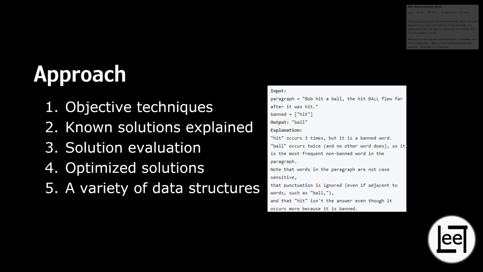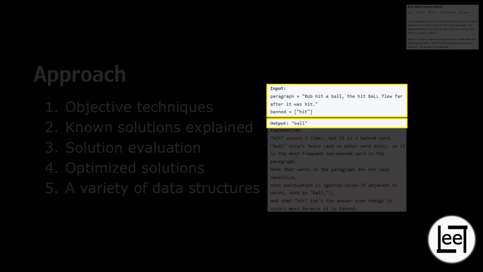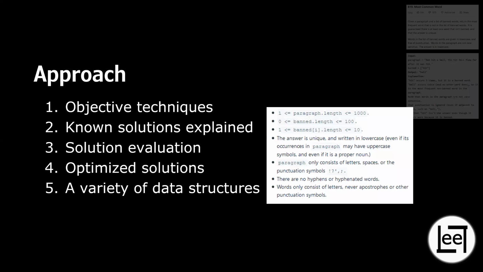See, although hit is the most common word, hit is a banned word, so we instead return the second most common word, which is ball. Next, we want to see what the parameters of the possible inputs could be. In LeetCode, they often will give you parameters such as the possible lengths of the input paragraph, or the number of words that are banned, or the length of an individual banned word.